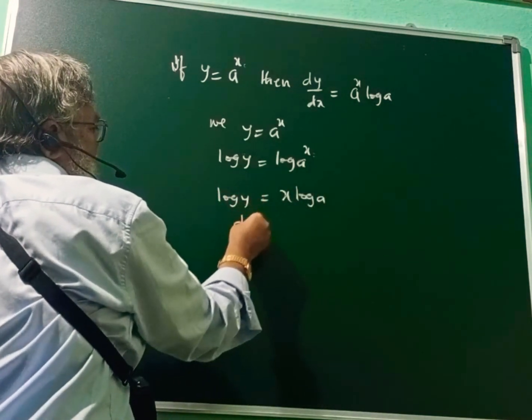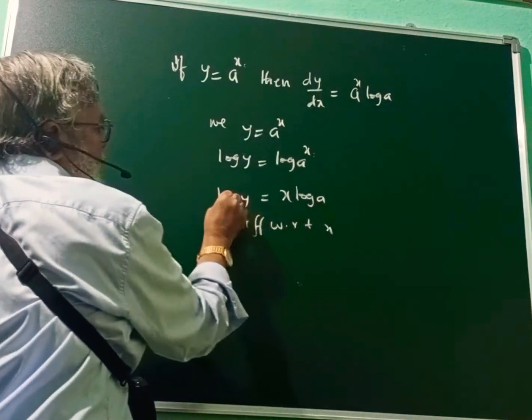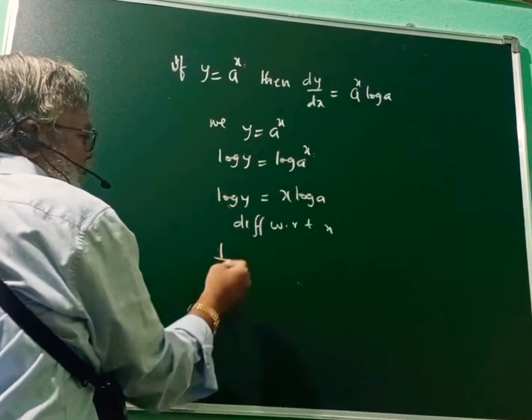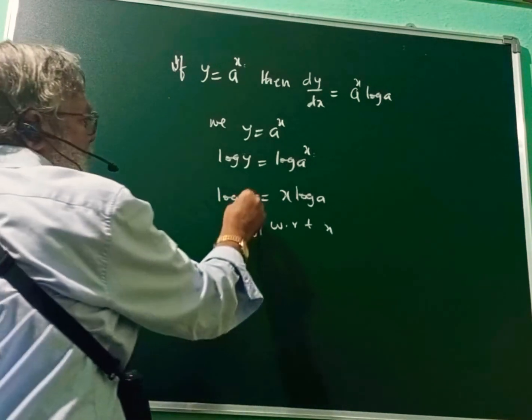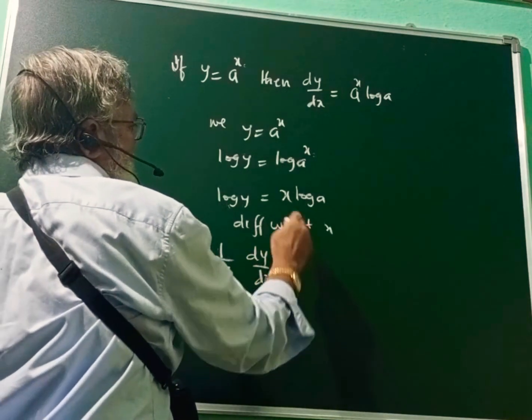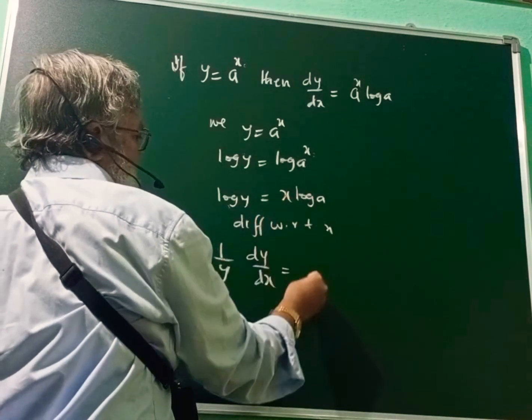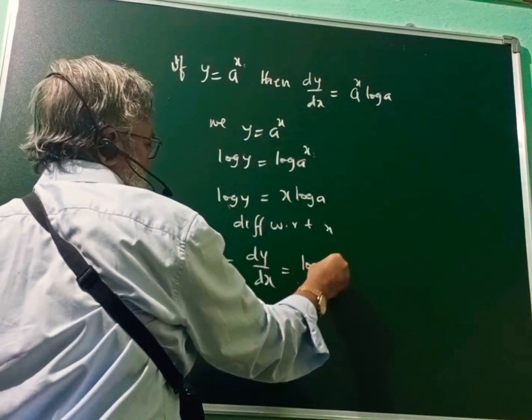Now differentiate with respect to x. Differentiation of log y is 1 by y, we know the formula, and differentiation of y with respect to x is dy by dx. Now log a is a constant, so differentiation of x is 1, that is only log a.